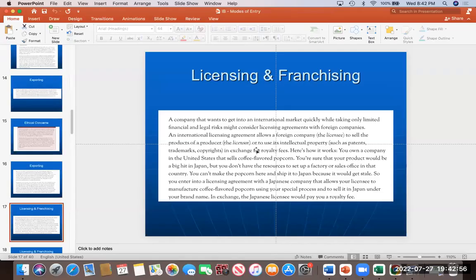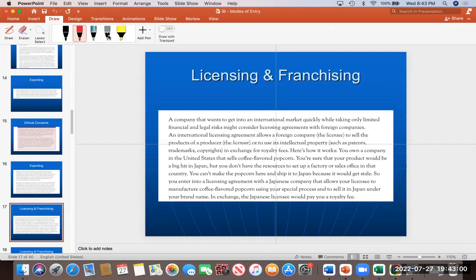So the terms that we want to underline, to help us understand, are: there is a licensing agreement, there is intellectual property, and there is the exchange for royalty fees. So you gave the example of Hyundai.